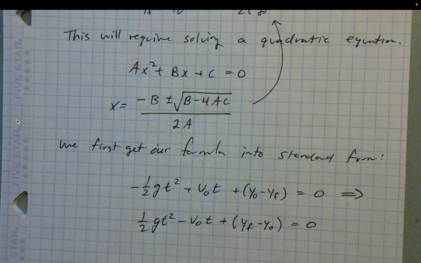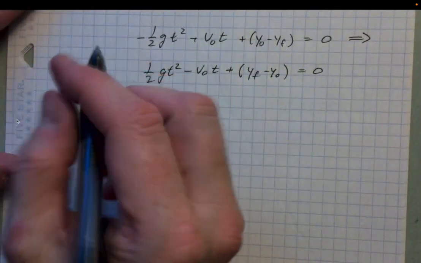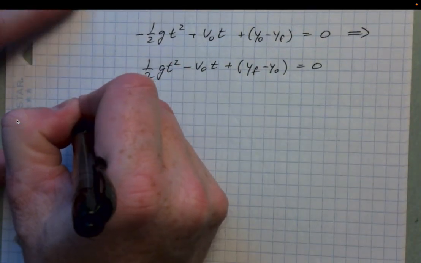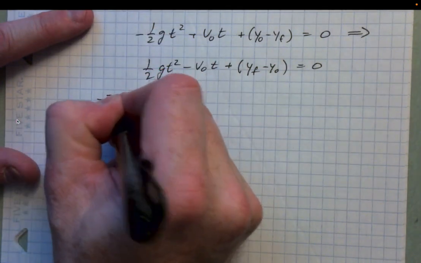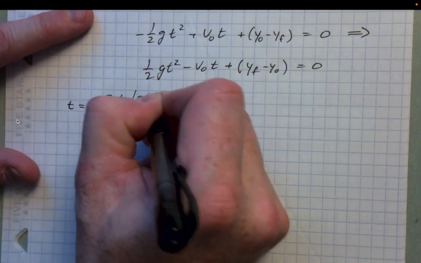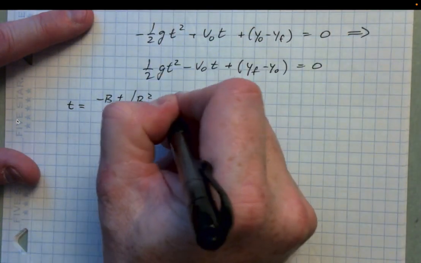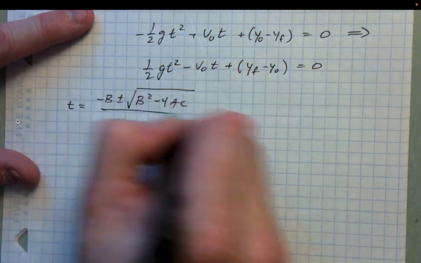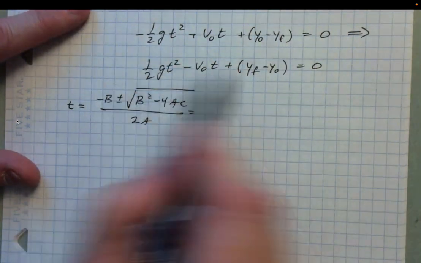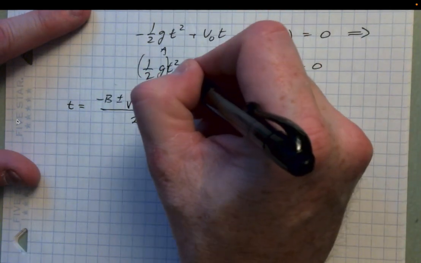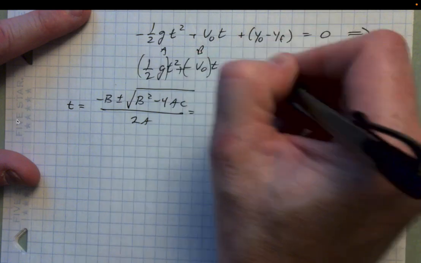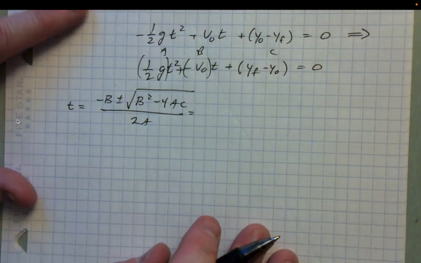And now I can plug these terms directly into the quadratic formula. Okay, so let's write this out. t is equal to -b plus or minus the square root of b squared minus 4ac, all over 2a. And so I can just plug these terms in. This is my a right here, here's my b, and then this is my c, right?